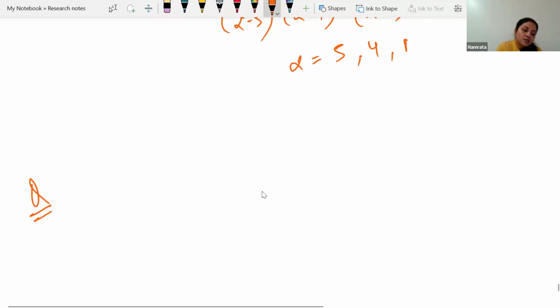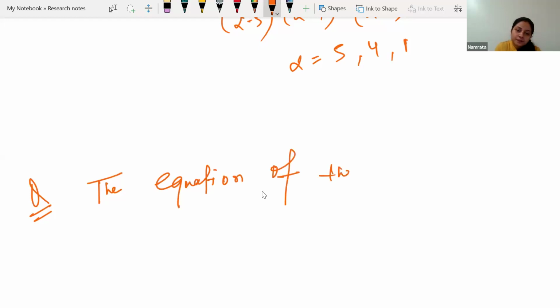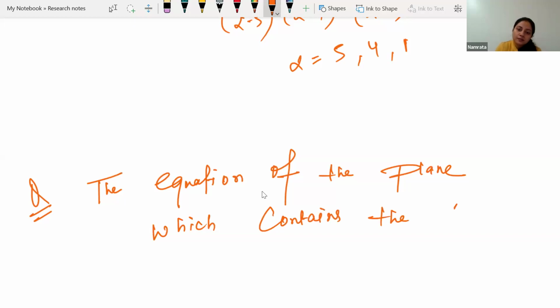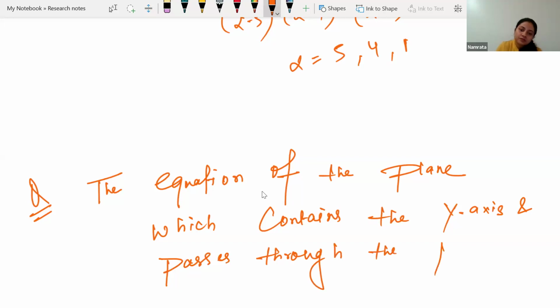One of the question is the equation of the plane which contains the y-axis and passes through the point 1, 2, 3.